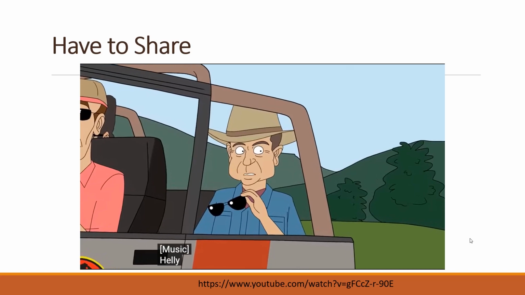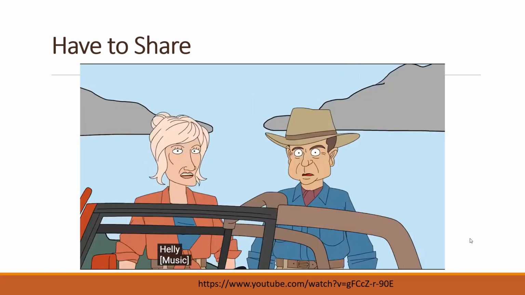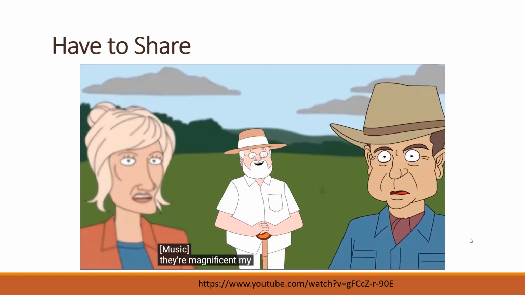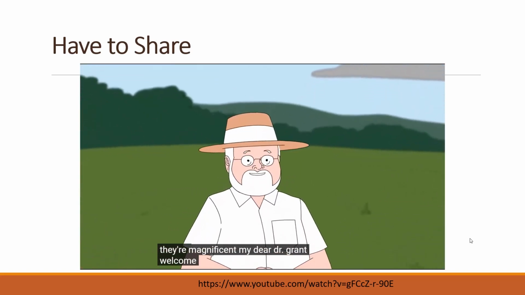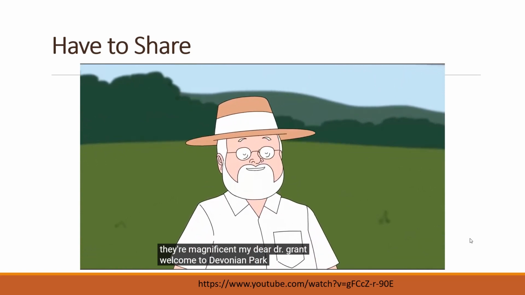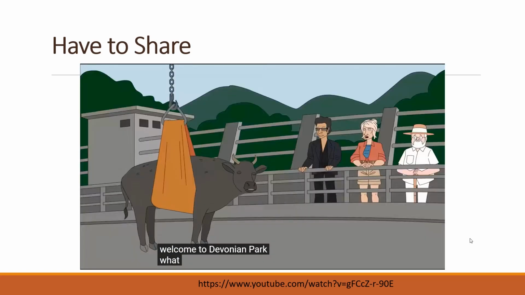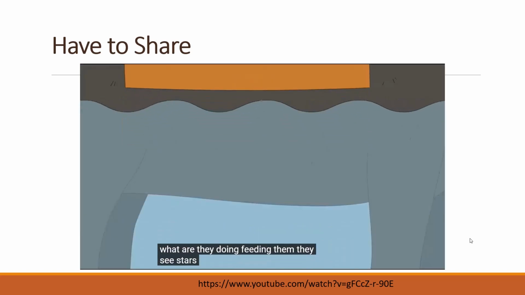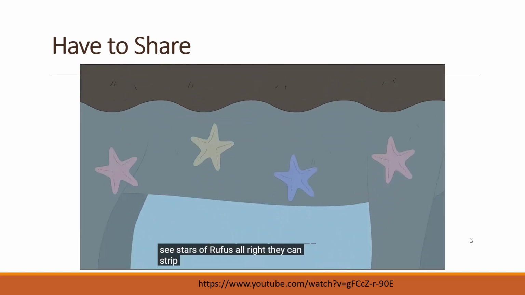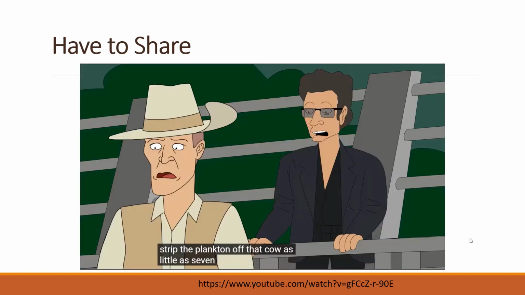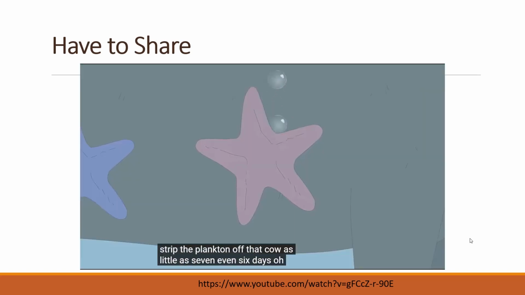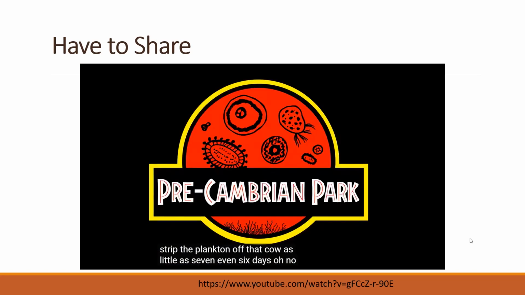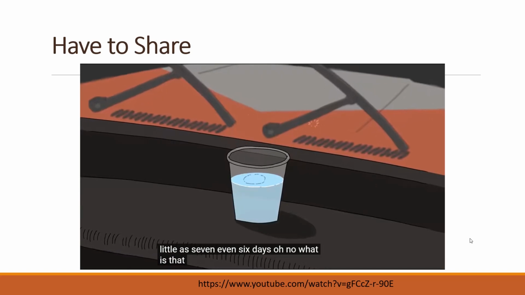Oh my God, Ellie! They're magnificent. My dear Dr. Grant, welcome to Devonian Park. What are they doing? Feeding them. These sea stars are ruthless, alright? They can strip the plankton off that cow in as little as 7, even 6 days. Oh, no. What is that?